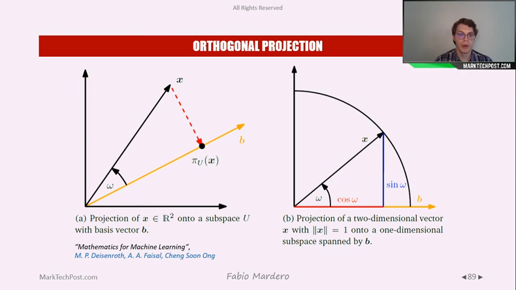Here we have some more examples. For example, here we have the projection of x onto the subspace U defined with this basis vector b.